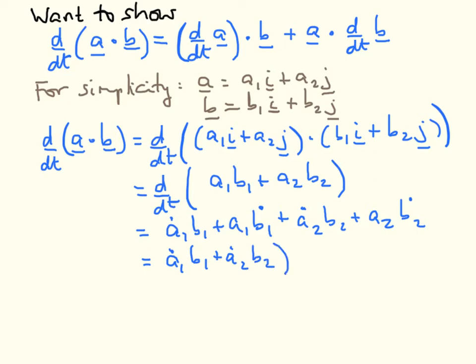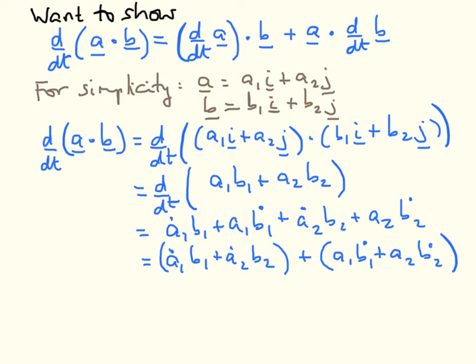I'll put it all in brackets, plus, and now I'm just writing these terms, and we have a1 b1 dot plus a2 b2 dot. And now if we look at this, we can recognize that this is a scalar product.